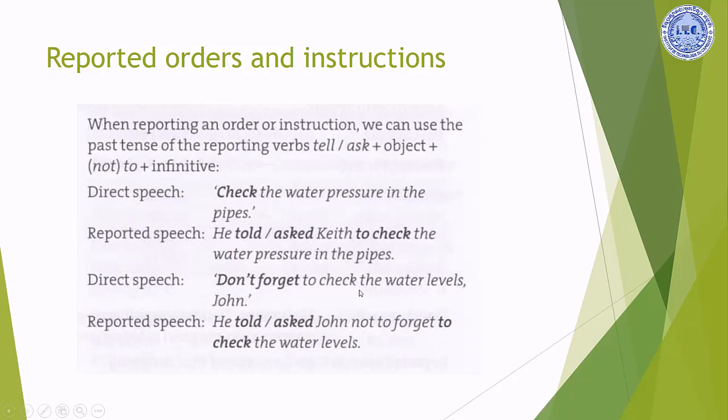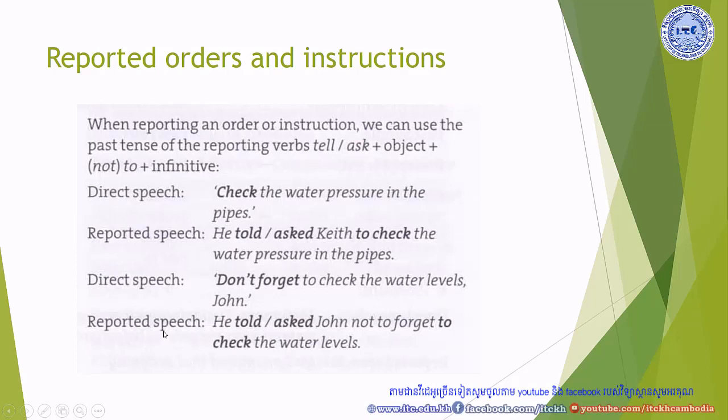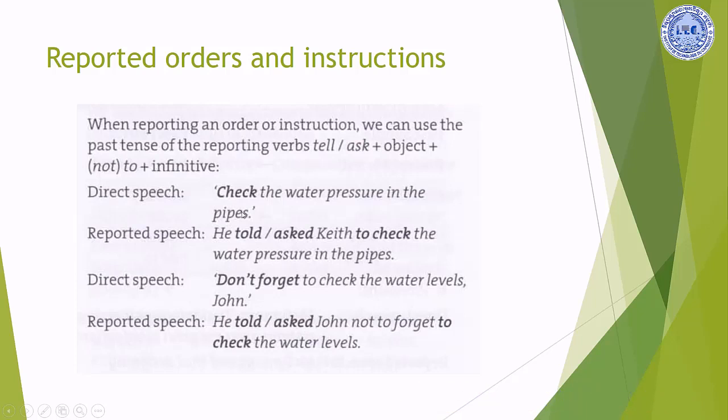So here it's an instruction using don't, which is a negative sentence. So that's going to be not to here. Okay, you can read an example here. So when it is changed to reported speech: he told or asked John not to forget to check the water level. So not to here is from don't here, because the instruction is using the word don't.